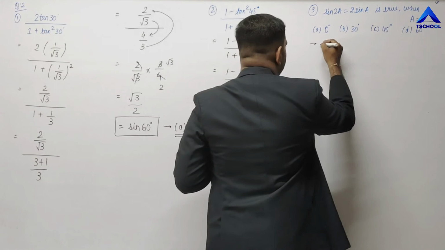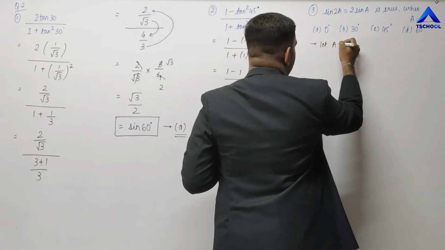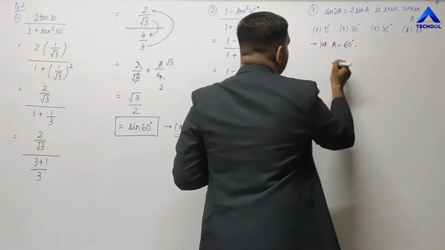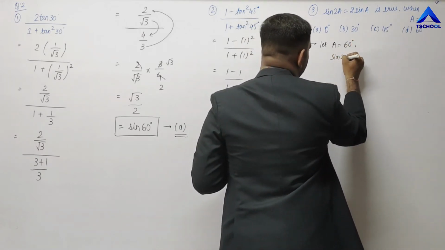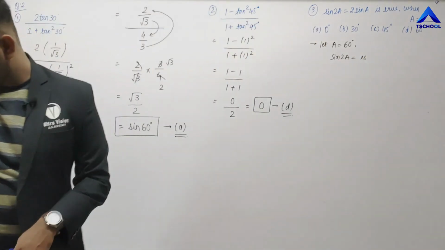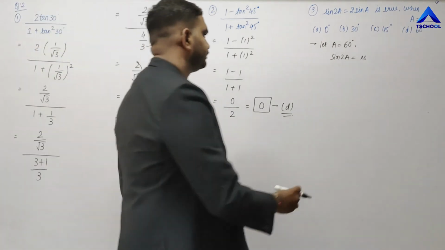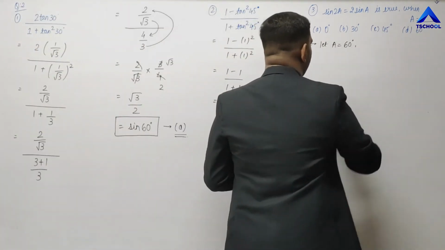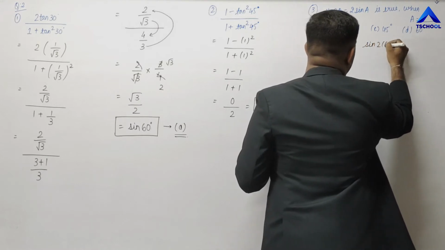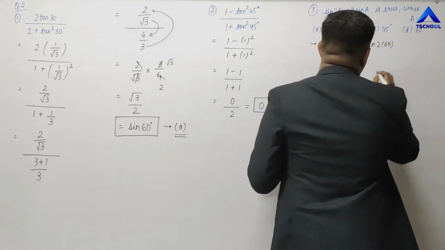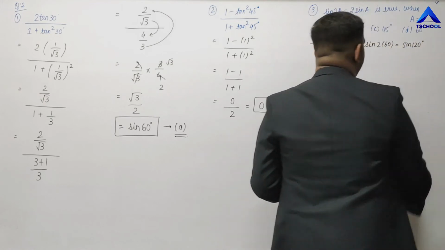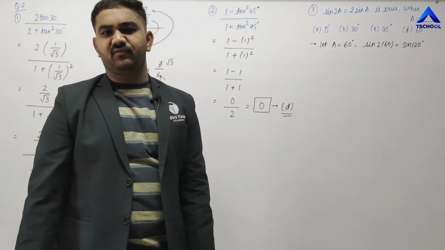First of all, let a equal to 60 degree, we shall start from option D. So what will be sin 2a? That is sin 2 into 60, which is equal to sin 120 degree, and we don't know the value of sin 120 degree.